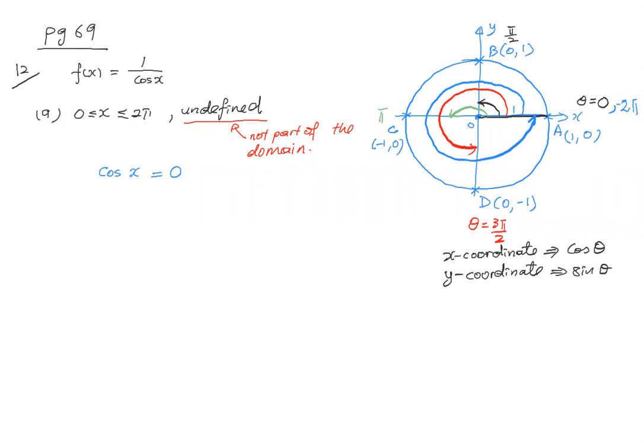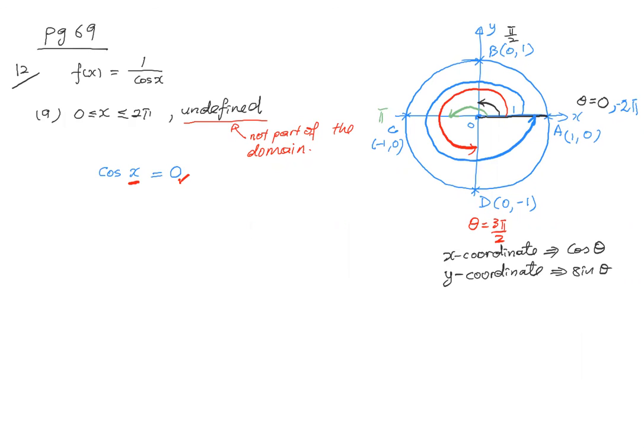Okay, so now you tell me cos of which angle will give me 0 here? Remember, the x coordinate represents cos of the angle. Which point has the x coordinate of 0?